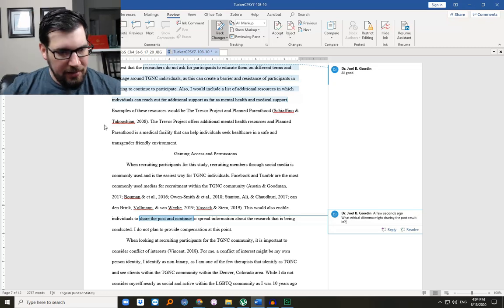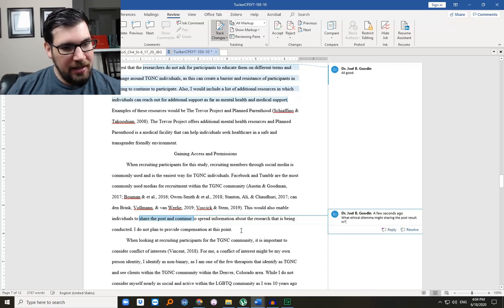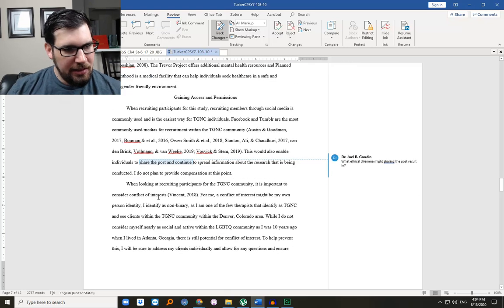It might be, if we encourage people to share the post, they might be sort of outing themselves or publicizing something that they want to be kept private. So that'd be something to maybe not encourage, or to disclaim it as you encourage it.